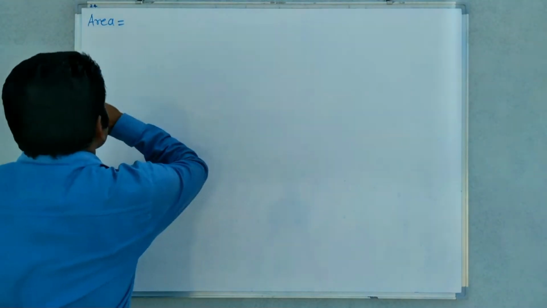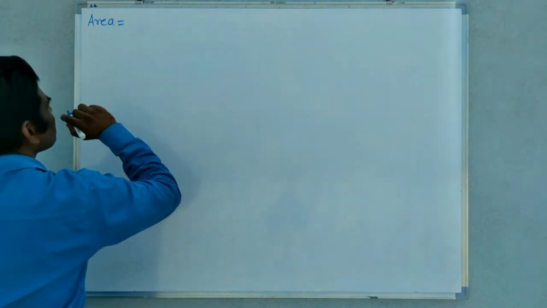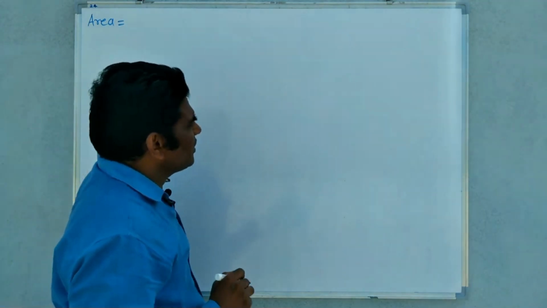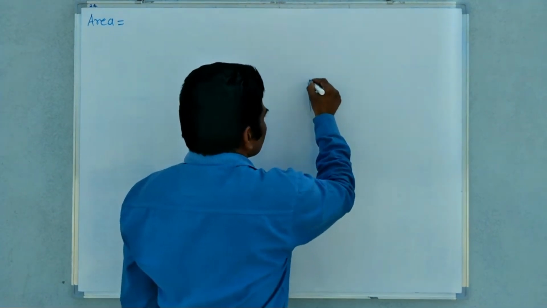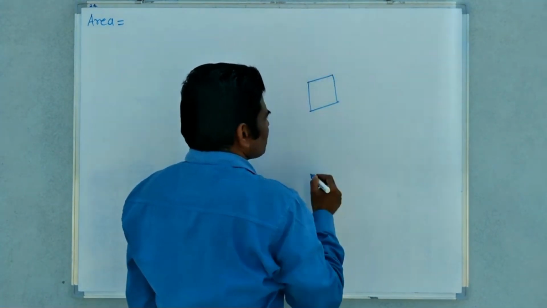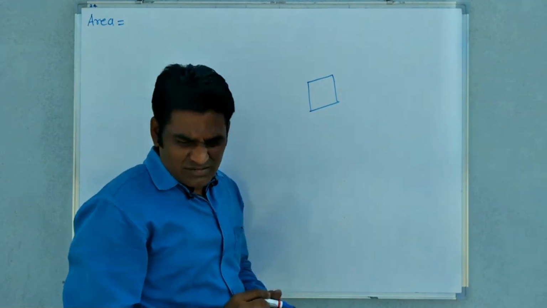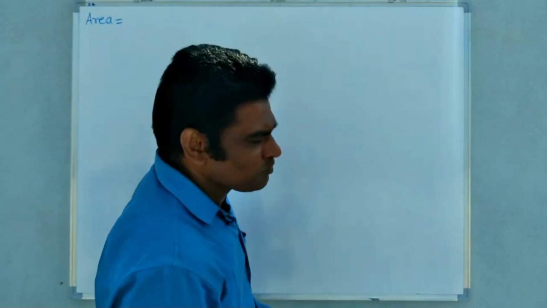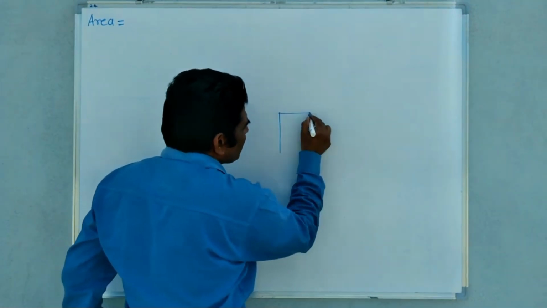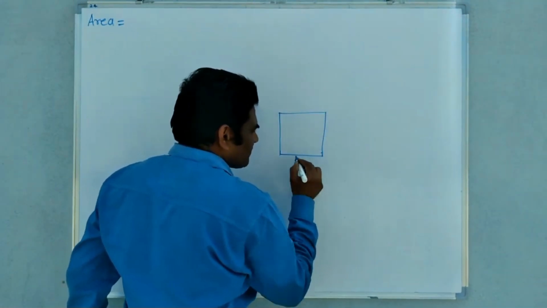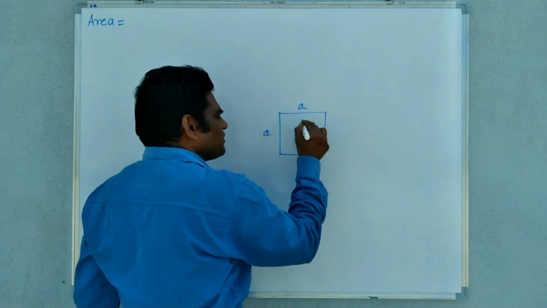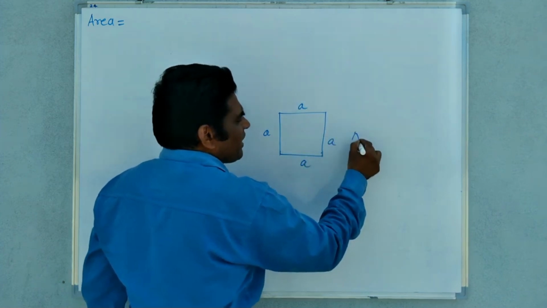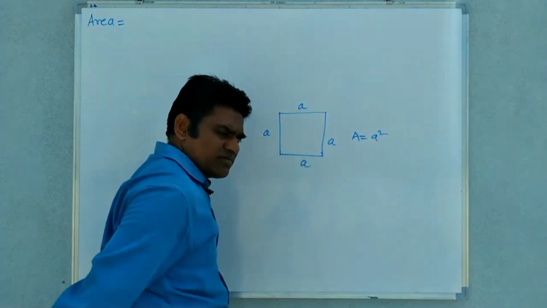So for area, we have to find the dimension. Area is what? Look, suppose there is a square. Assume, I do not have a scale, but I will try. Let us say this is a square. This dimension is A, this dimension is A. So area will be A square.